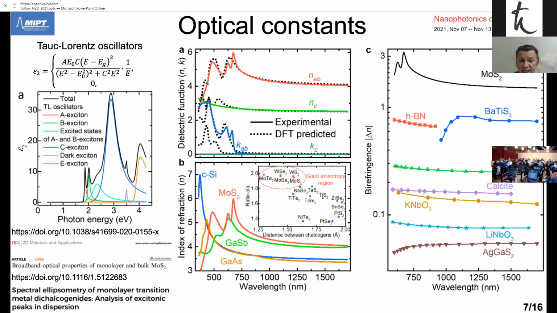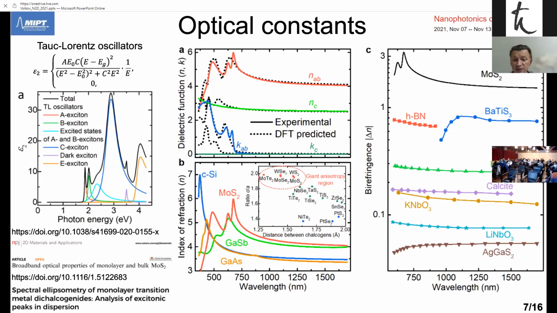One should also pay attention to the absolute value of the refractive index, especially for the in-plane component. One can see that this value is on the same level as the high refractive index semiconductors traditionally used in photonics, such as silicon, gallium arsenide, and others.